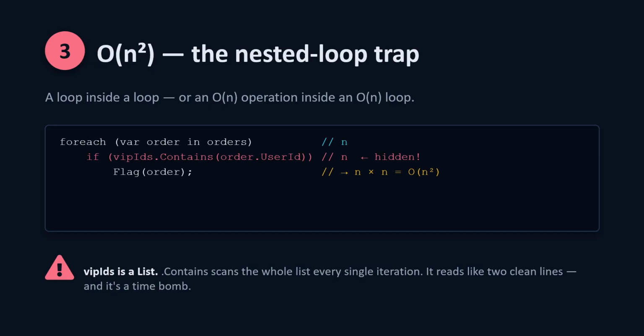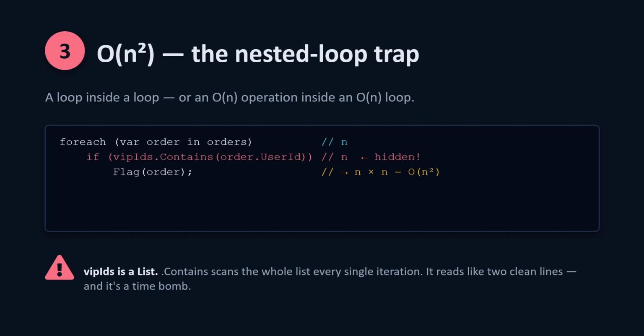Segment 3, and this is the one that pages you at 2 am. O of n squared, quadratic time. The obvious version is a loop inside a loop, but the sneaky version, the one I see in real pull requests, is this. A single for each over your orders. That's n, and inside it you call dot contains on a list.